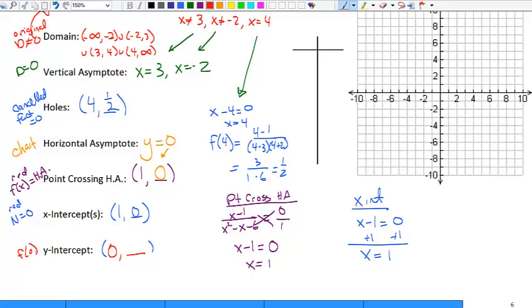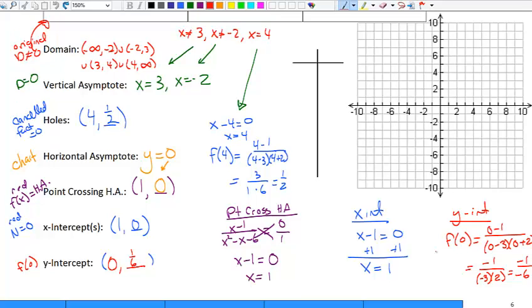To find that, I'm going to find f of 0, which I'm going to plug into the reduced form, which is x minus 1 in the numerator, x minus 3, and x, which is 0, plus 2. So that gets me negative 1 over negative 3 times 2, which is negative 1 over negative 6, which is positive 1/6.